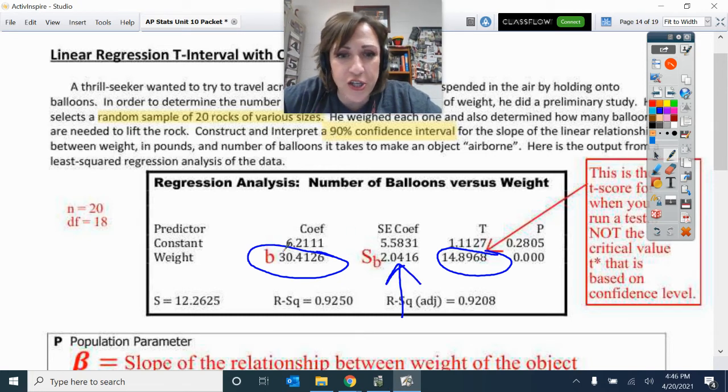I think you can do that in your head: 30.4 divided by just about 15, 14.89, is a little over 2.